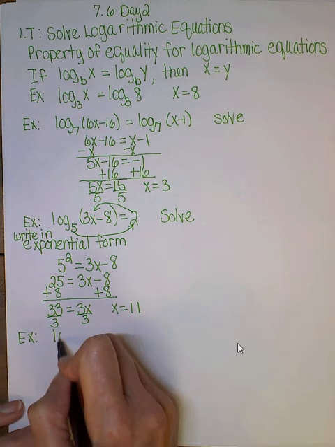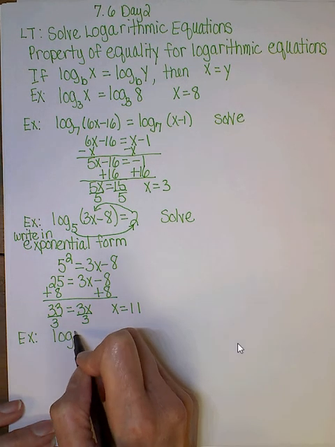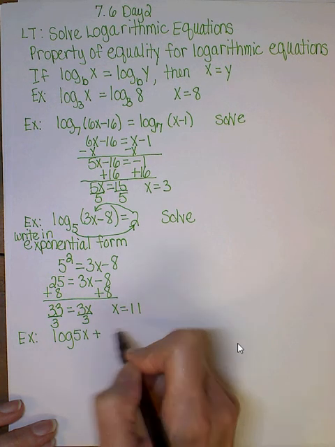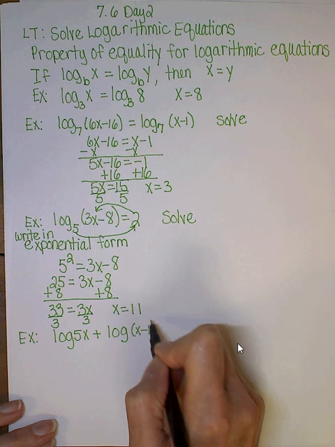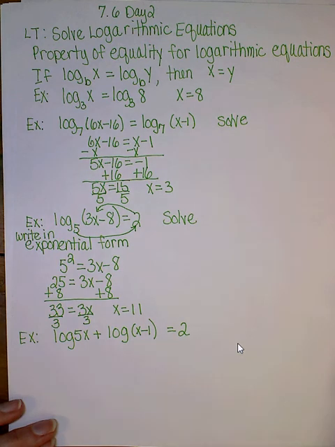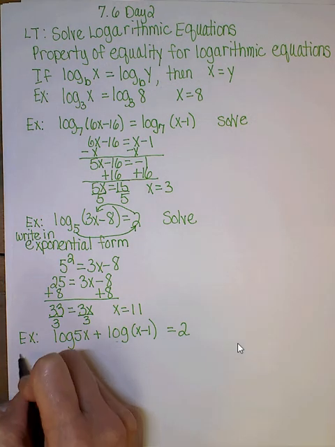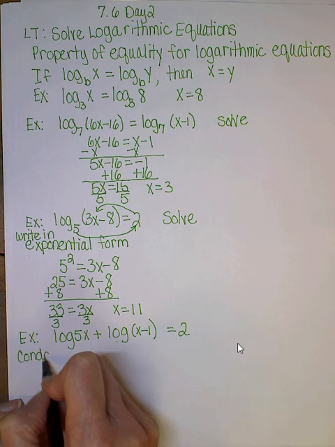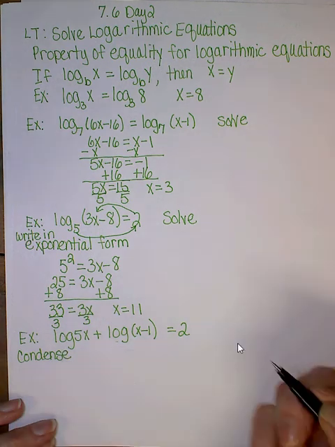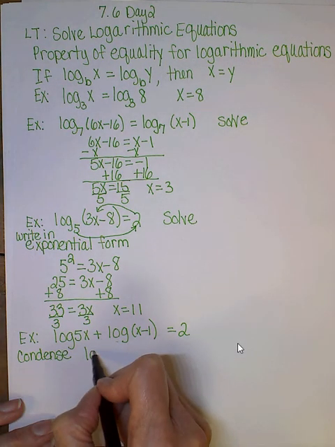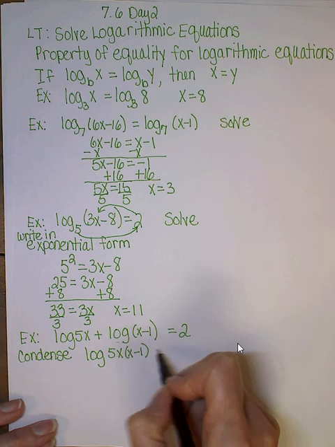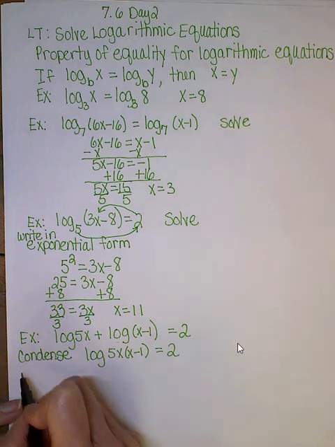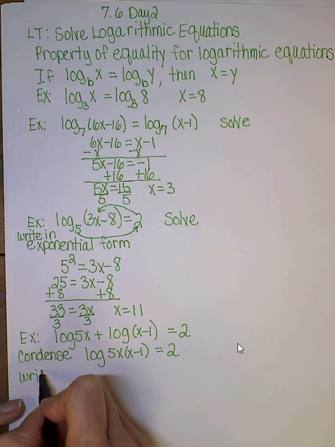Now remember how you learned to condense, and so that comes in when you have the log expanded out, like in this example. Okay, so before we can write it in exponential form, we need to condense this part. So we're going to condense first. And so we have addition, so this is going to condense to multiplication of these two terms. Okay, after you condense, you're going to write it in exponential form.